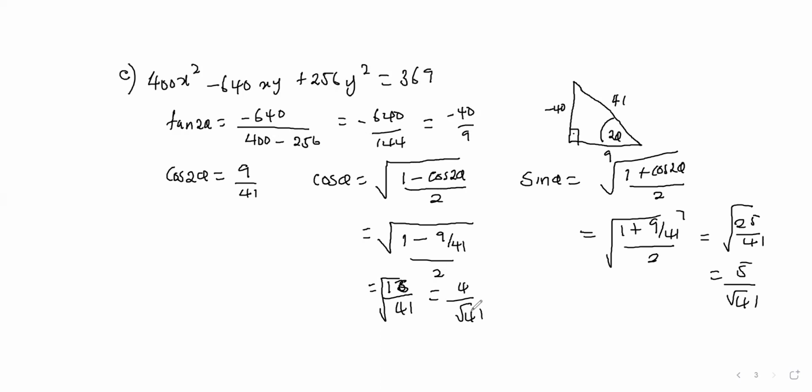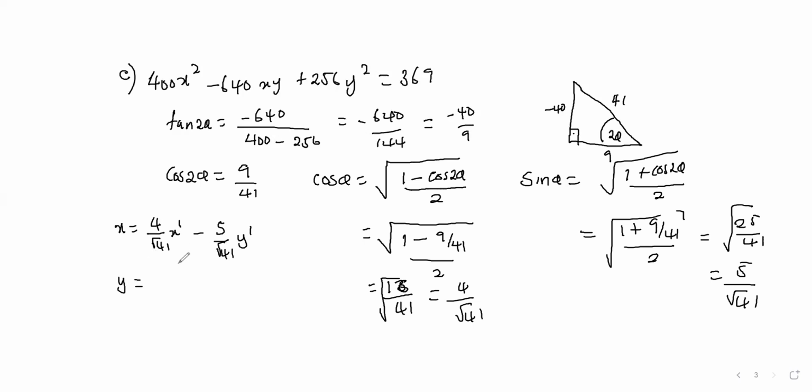Like that. So now when you go to your x, we are going to have x prime cos theta. So meaning we'll have 4 over root 41 x prime minus sine theta, which is 5 over root 41 y prime.